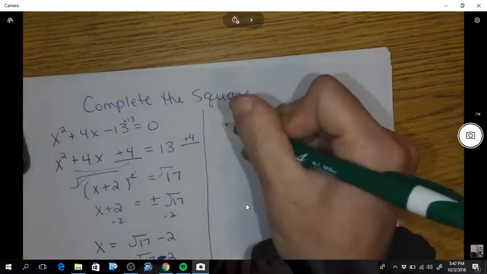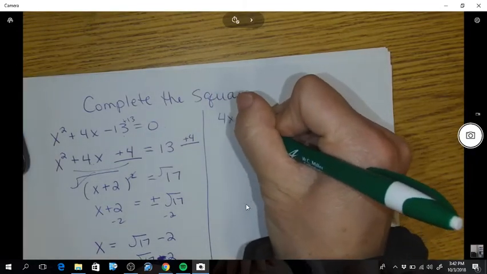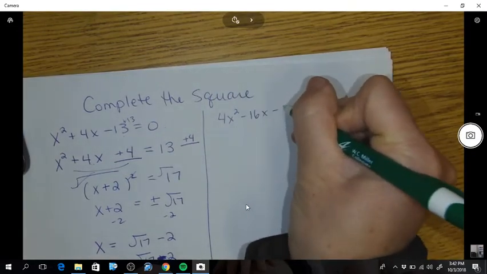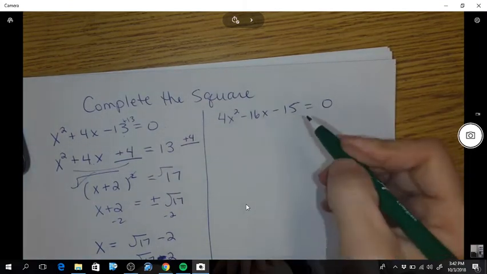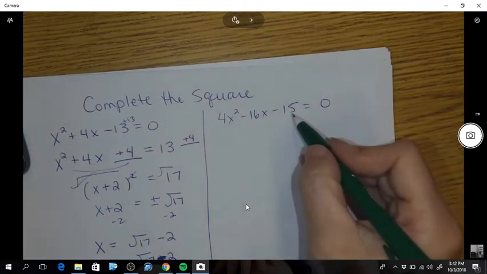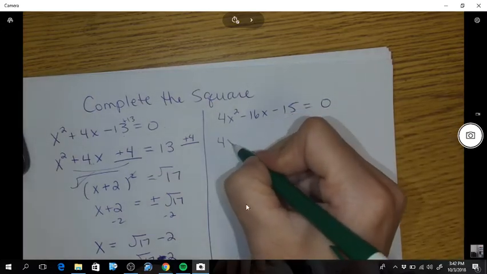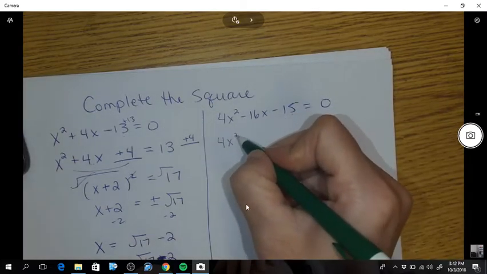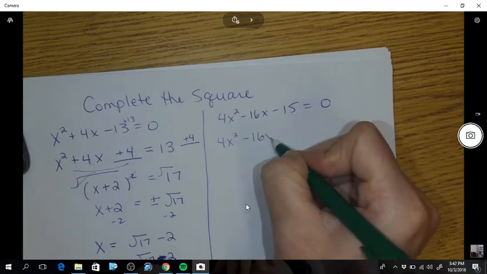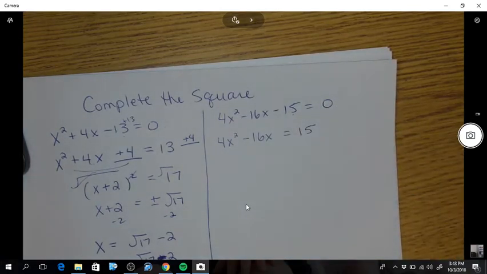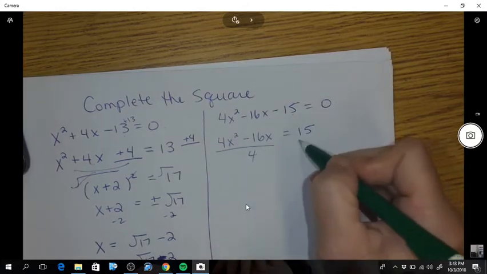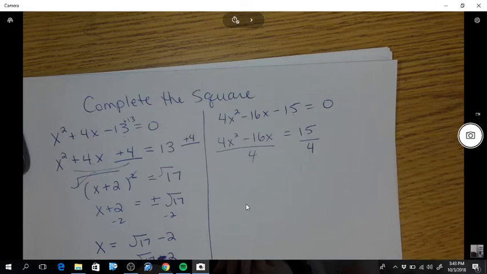Okay, let's look at another example. This would be when your a is not 1. Okay, so 4x squared. Okay, so same first step, get rid of the 15. Okay, now this second step, I'm going to divide everything by 4 because I want to get a 1x squared.